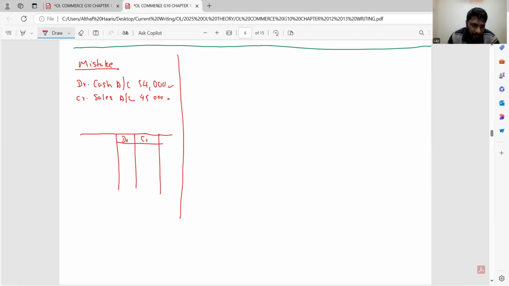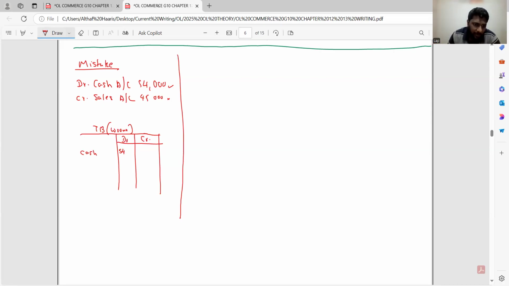Debit, credit, trial balance, wrong. In the cash account, you have 54,000, and in the sales account, you have 45,000. So it is not balancing.